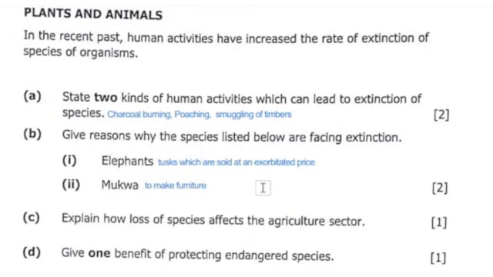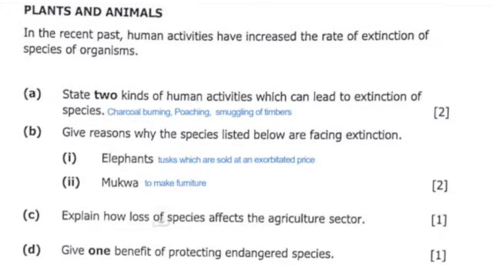When you make a furniture from it, it will last longer. So these are the reasons why people would cut mukwa.